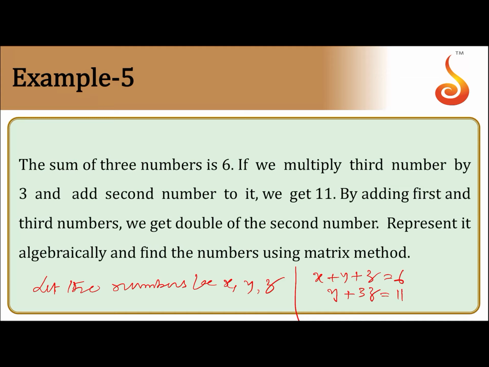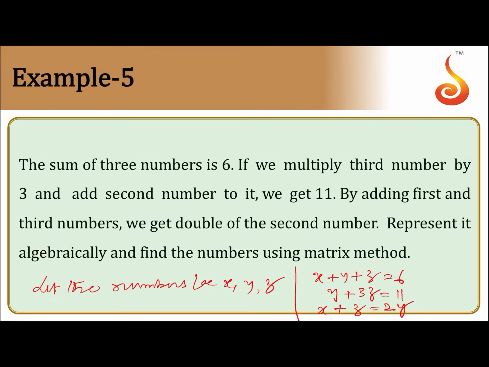By adding the first and third numbers, x plus z, we get double the second number, that means 2y.